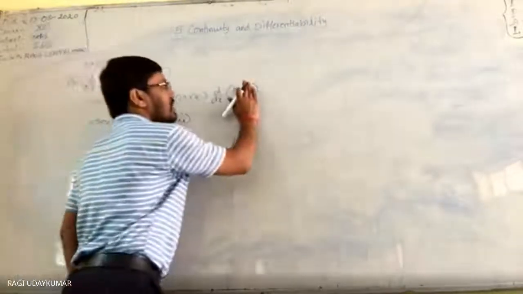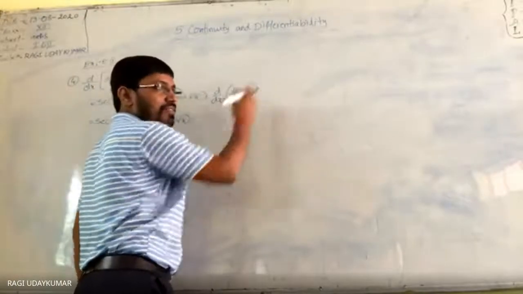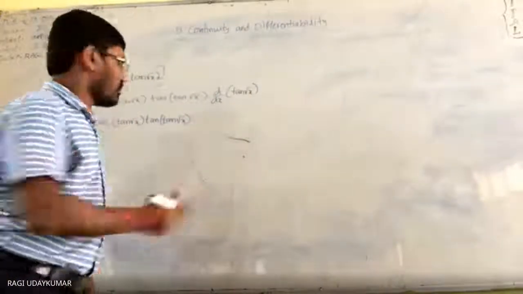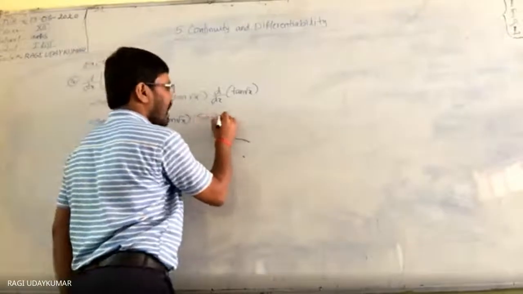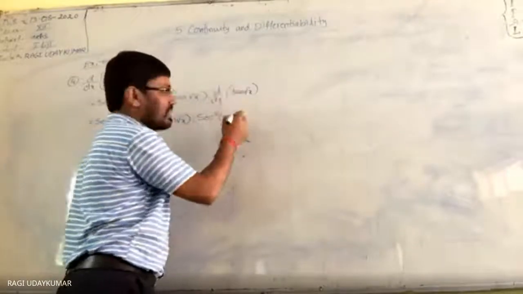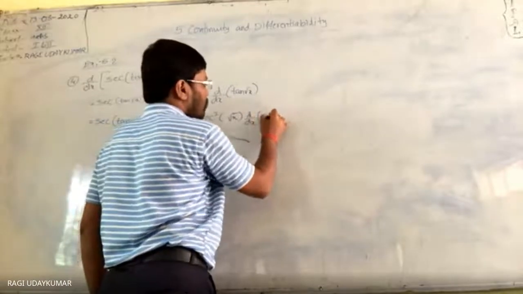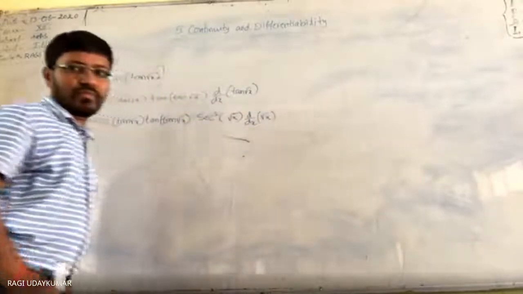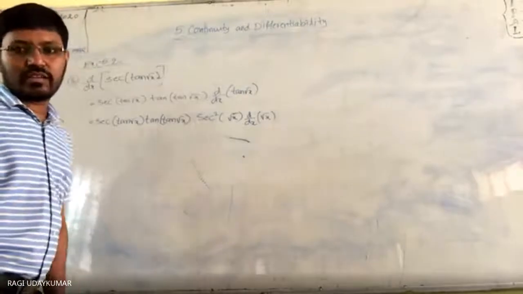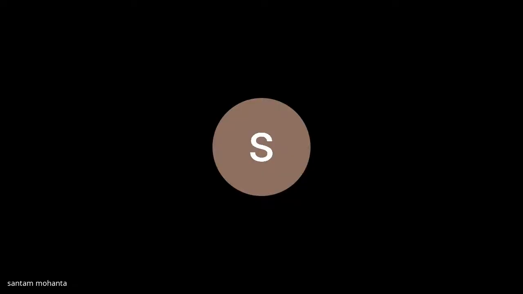Then you consider root x as x. So tan x differentiation is secant square x. Secant square x, with x's place being root x. Since it is a root x, again you need to do the differentiation of root x. So root x differentiation is, can anyone say? 1 by 2 root x.